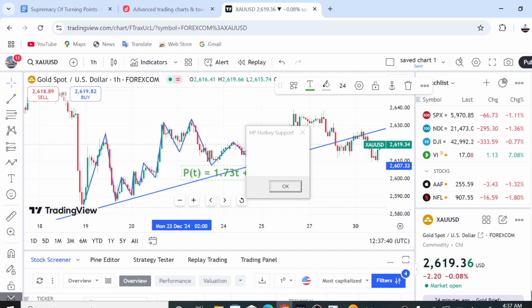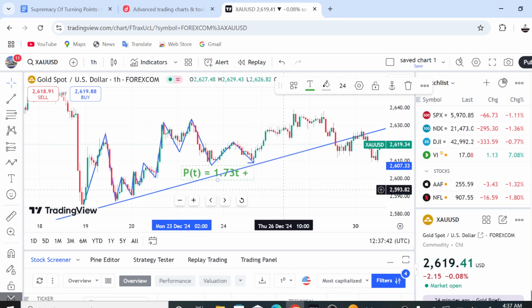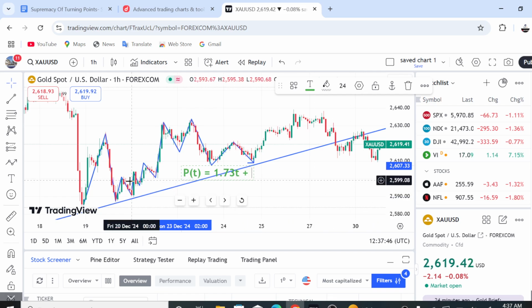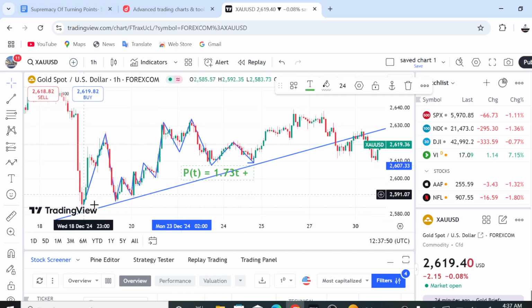And right here the intercept, we have not localized our origin, but we can take the intercept to be this price. So we started analyzing this market at this point, so the intercept will be a price value which is 2,585 point something. So let's take the decimal because those things matter in good trading.